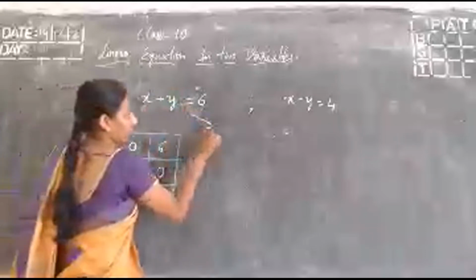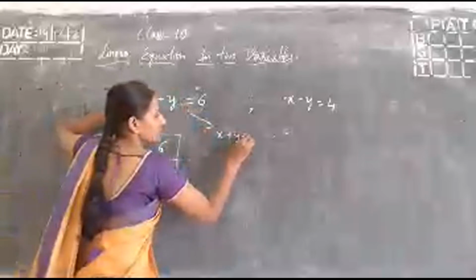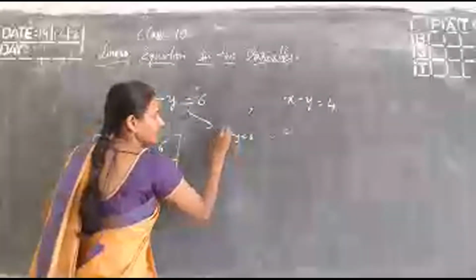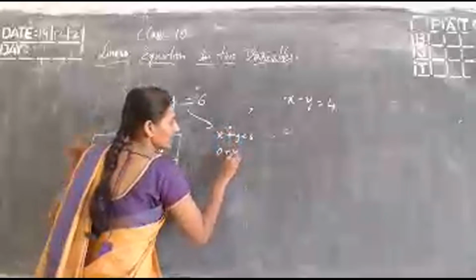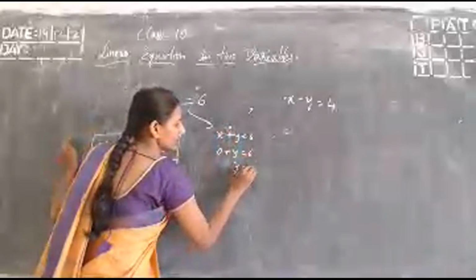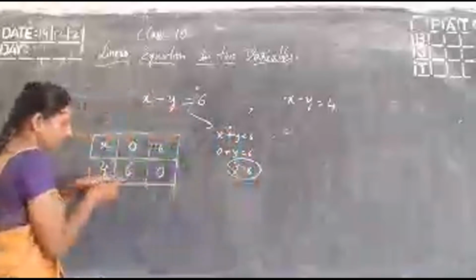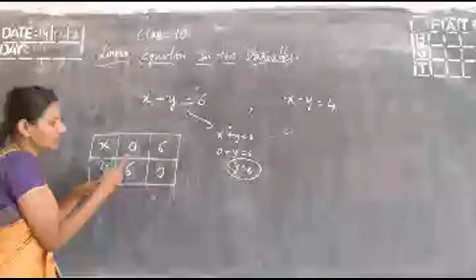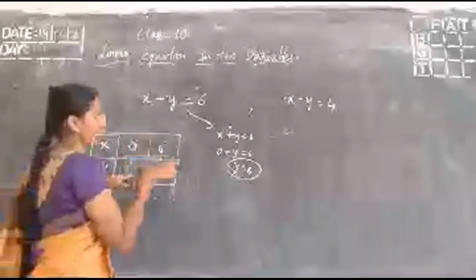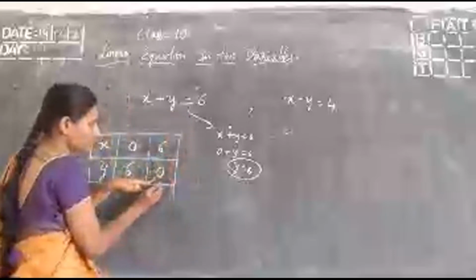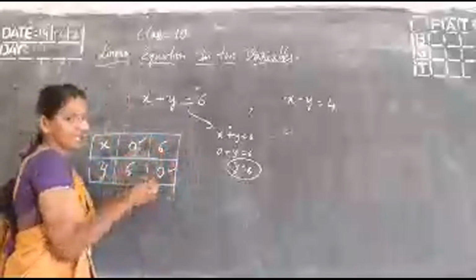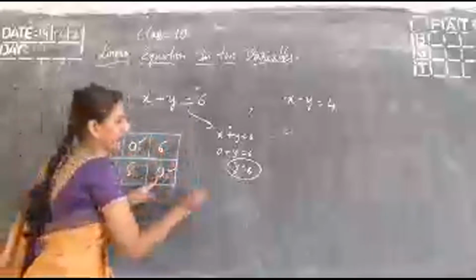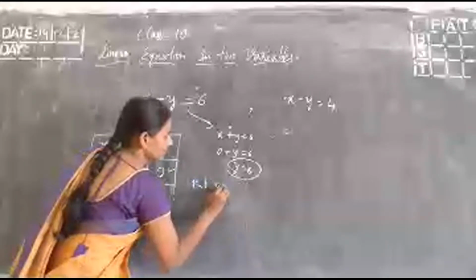Again I am going to write here. See here, x plus y is equal to 6. If I put x is equal to 0, what happens? 0 plus y is equal to 6. Y is equal to 6, which I have written here. X is equal to 0, y is equal to 6. Similarly, put y is equal to 0.